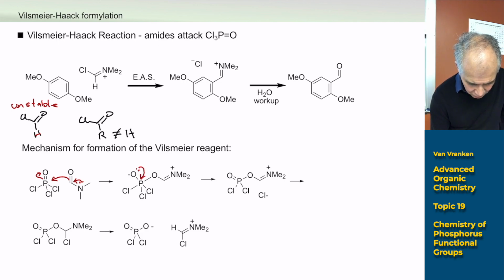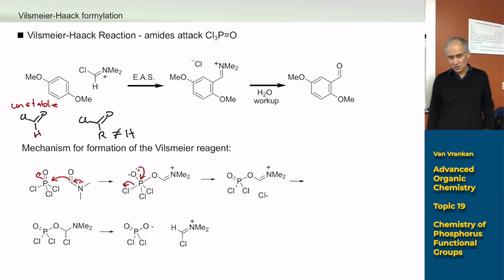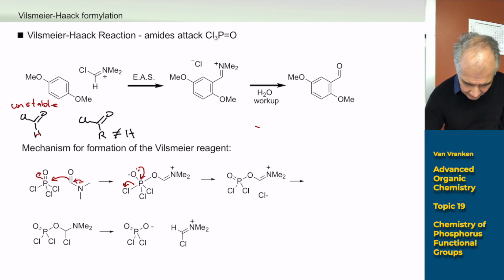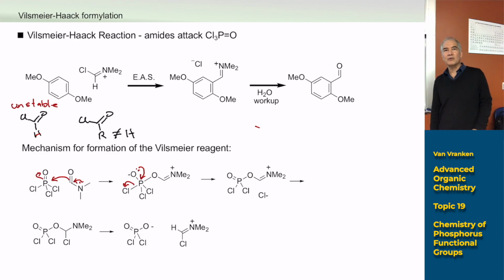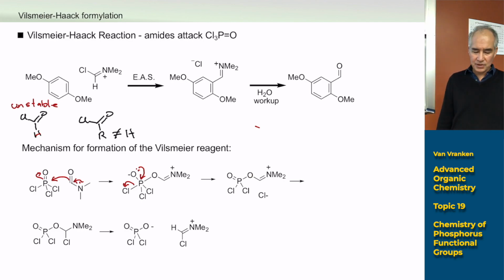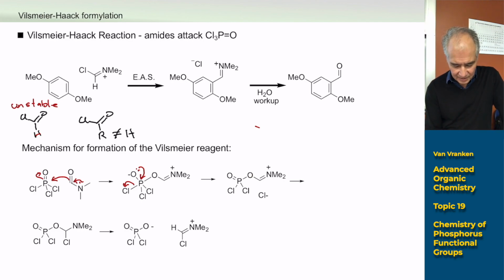I've kind of drawn this as a trigonal bipyramidal structure. You make the ligands leave from axial positions always, from trigonal bipyramidal intermediates. And so you generate this type of dichlorophosphate group here. And this whole species right here is a good leaving group. And so we're going to end up using that as a leaving group. Not in an SN2 reaction, but that's going to walk away with the phosphorus now bound to the oxygen.